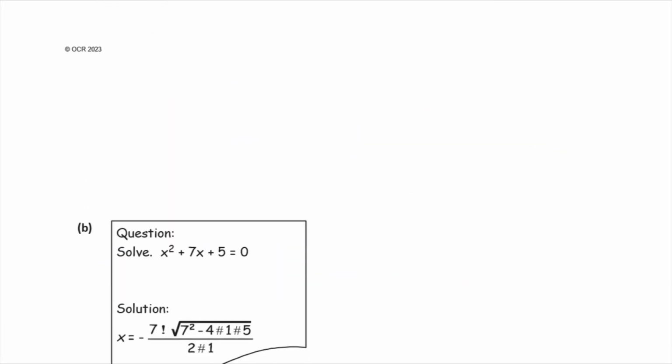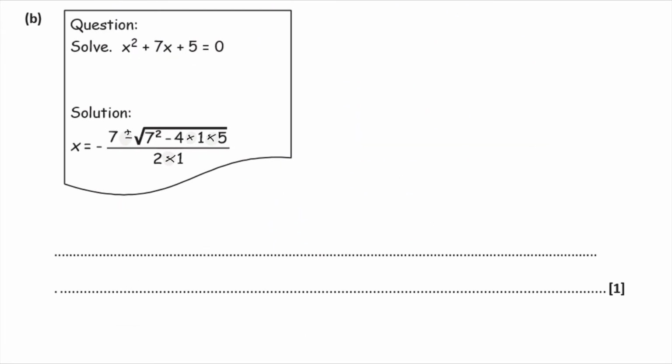Right, so that's part A. Part B says solving x squared plus 7x plus 5 equals 0. The solution will be x is minus 7 plus or minus 7 squared minus 4 times 1 times 5 over 2 times 1.